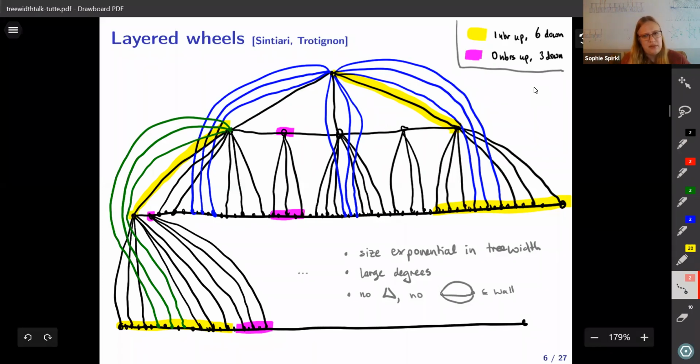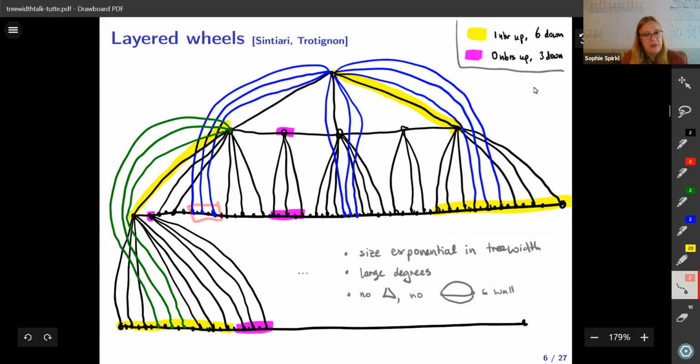But what you do is, for a path like this, there are 2 kinds of vertices. This guy who has a neighbor above, and this guy who doesn't. So for the ones who have a neighbor above, what we do is what you see here. If he has a neighbor above, he gets 3 neighbors.